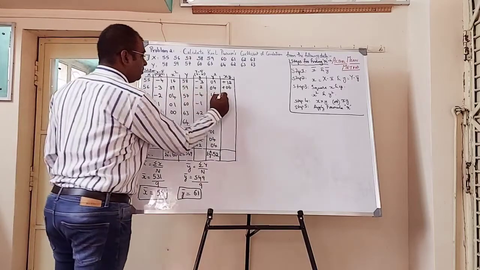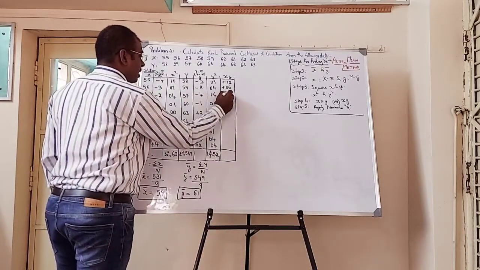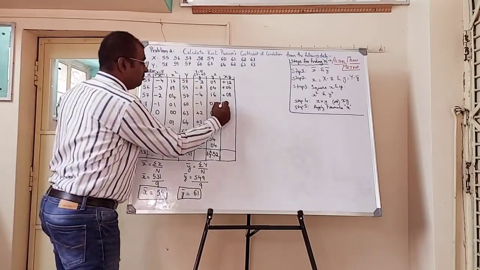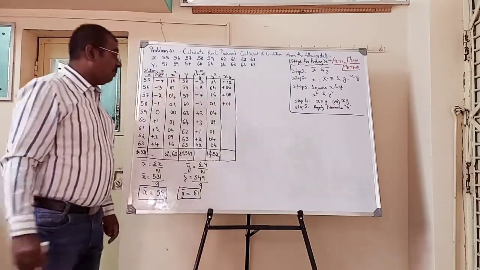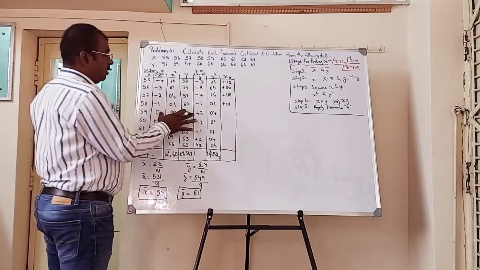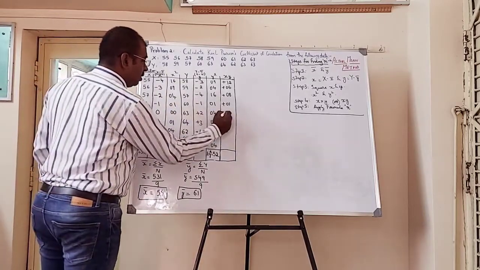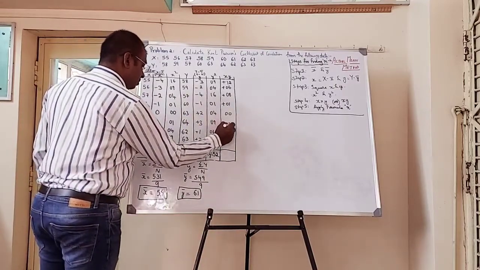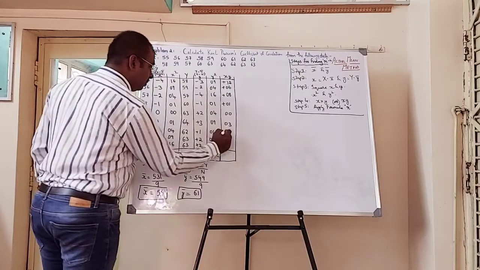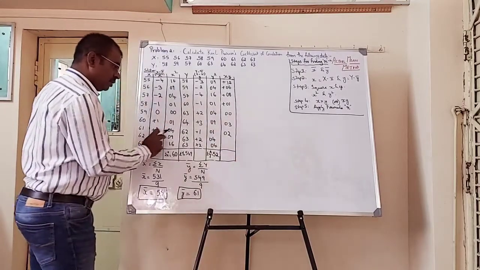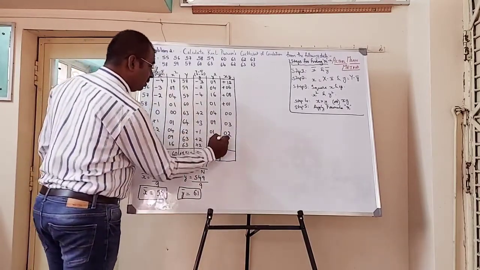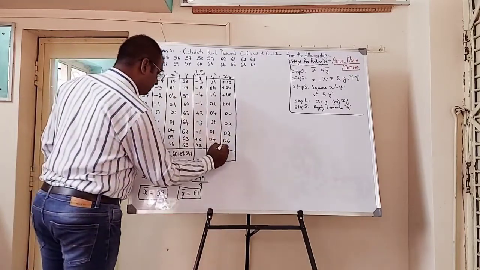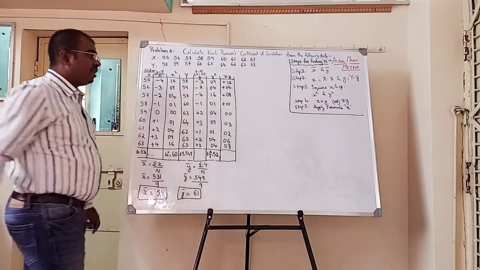Minus 2 into minus 4, minus into minus becomes plus, and 2 4s are 8. Minus 1 into minus 1 becomes plus, 1 1s are 1. 0 into anything is always 0. Plus 3 into plus 1 is 3. 2 into 1 is 2. 3 into 2 is 6. And 4 into 2 is 8.